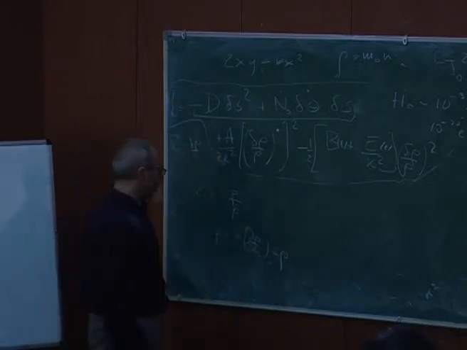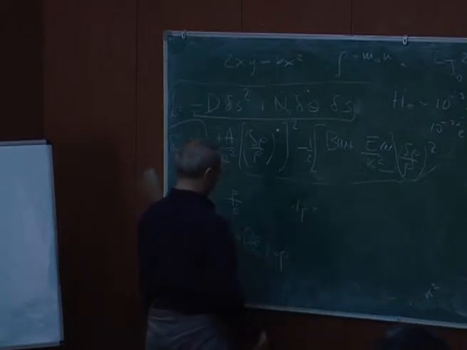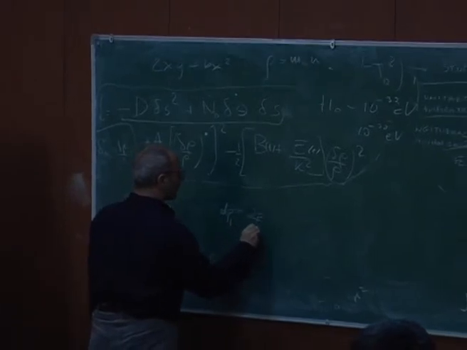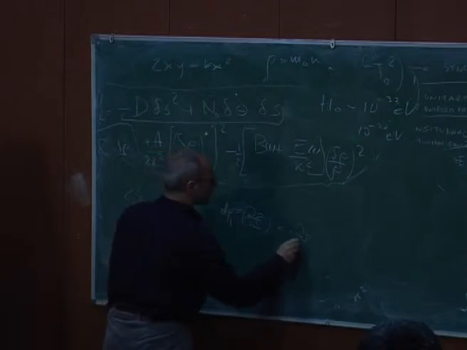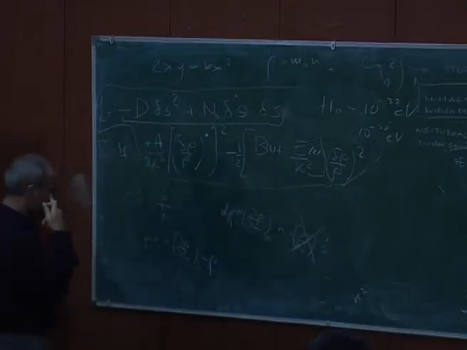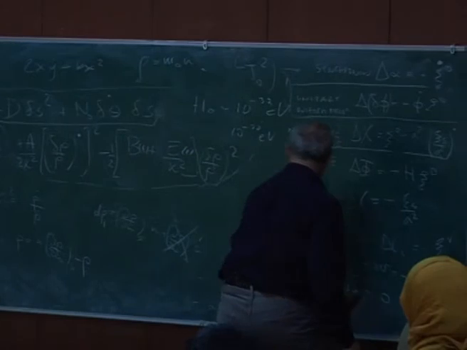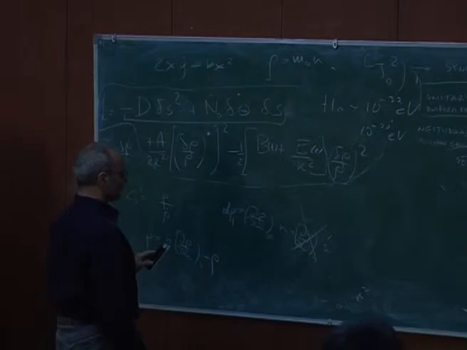So when I do the P dot, dP will be dP over dn at constant s times n dot plus dP over ds at constant n, s dot. But this one is 0.